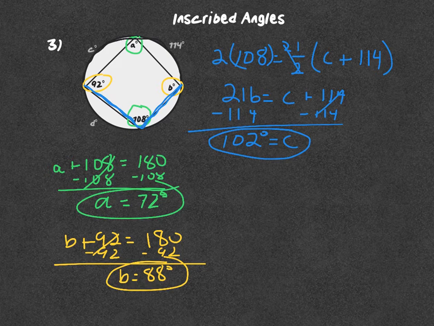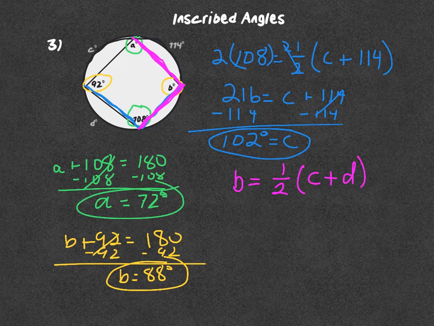And the last one you can find by looking at a different inscribed angle. So we're going to look at this angle right here. So B is going to equal half of the intercepted arc, which is C plus D. But we've already found C to be 102.